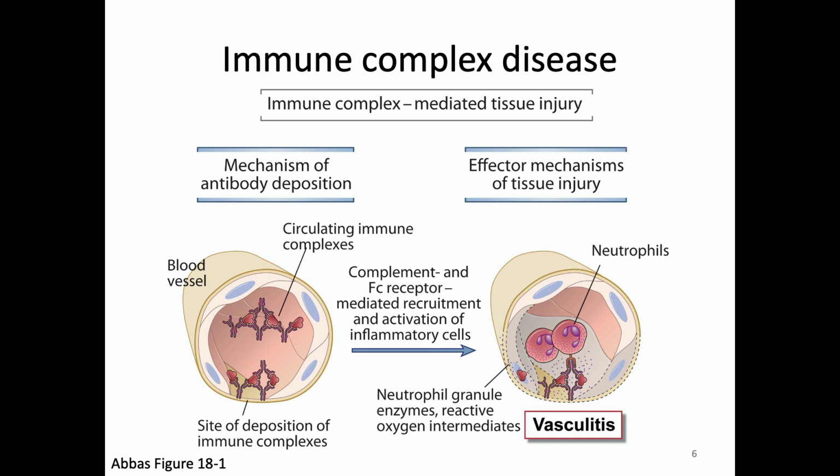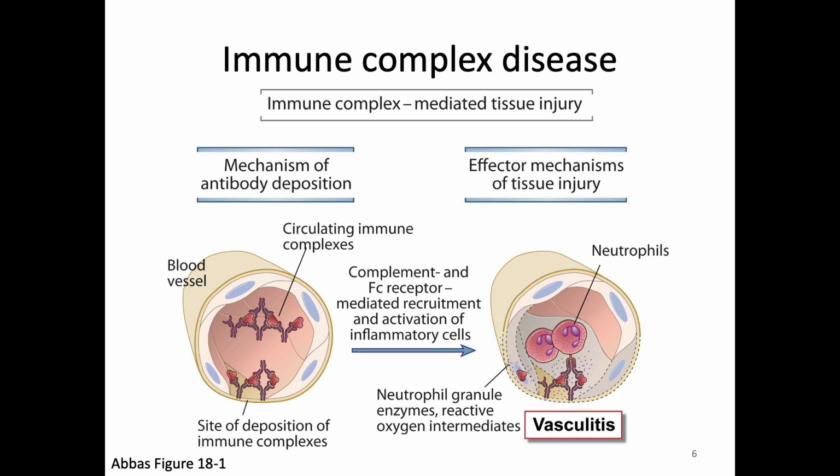If this got stuck and deposited in the glomeruli in the kidney, which are really small, delicate places where we're doing filtration, then suddenly we're going to inflame the kidney. If this got stuck in the alveoli, we'd suddenly get inflammation of the alveoli. We're probably going to induce some clotting and potentially some complement deposition here with all of this. And so you can see that this could lead to a number of different types of disease.